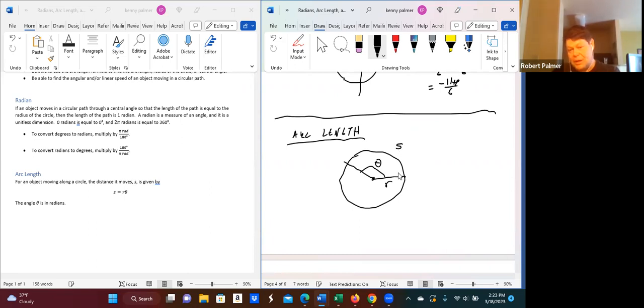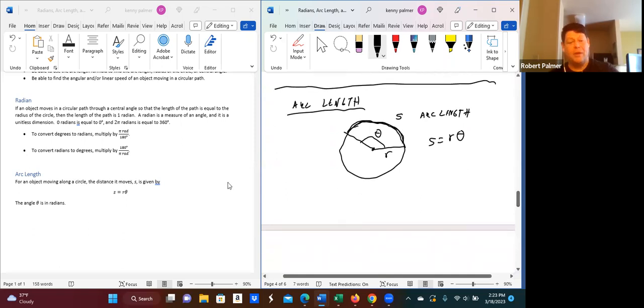Then this distance along the circle we go, that's called our s, our arc length. So if you move in a circular path, you move through what's called an arc length. And the formula for that says this arc length is equal to r, the radius, times theta.